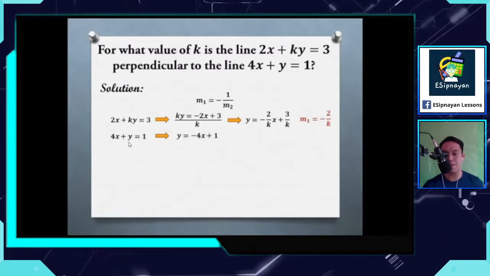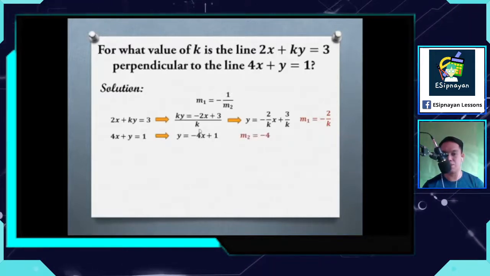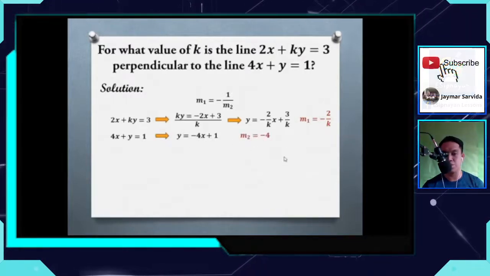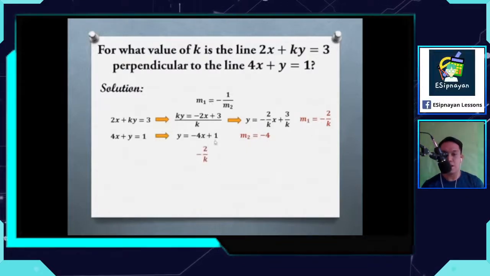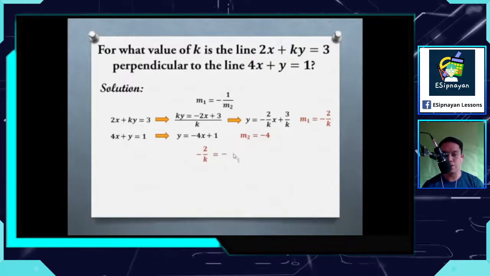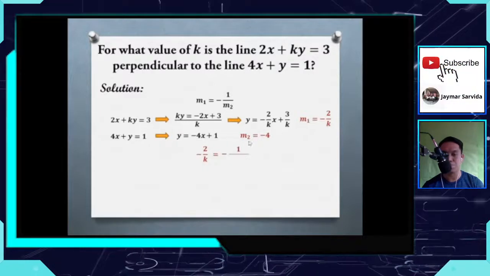So, i-apply na natin yung ating equation na m sub 1 equals negative 1 over m sub 2. So, substitute the values of our slope. So, negative 2 over k, which is yung m sub 1 natin, equals negative 1 over negative 4, yung value ng ating m sub 2.